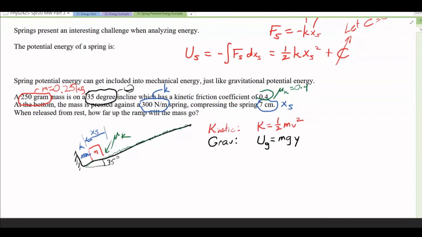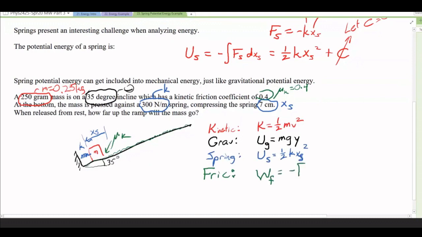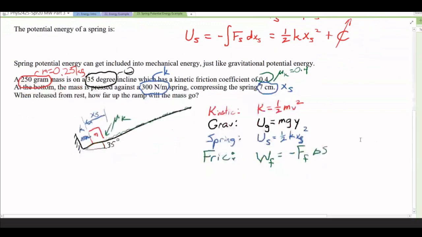We're going to have spring, which is U sub s equals 1/2 k x sub s squared. And then we're going to have friction. And friction is neither a K nor a U. Friction is work. Work due to friction is minus the force of friction times delta s. We'll call it the distance traveled.